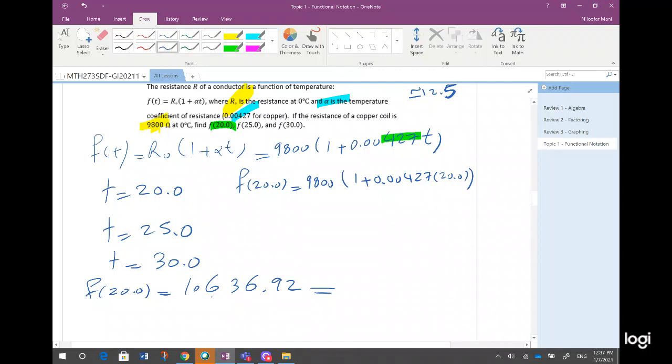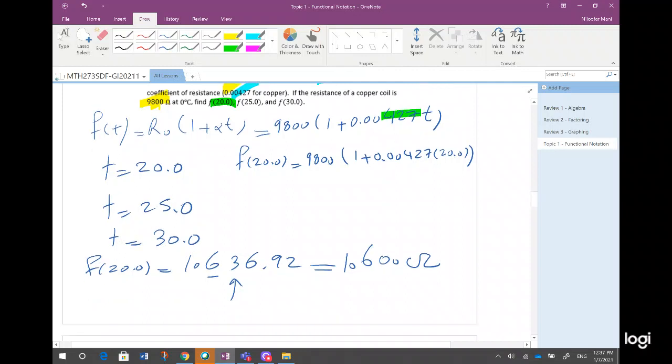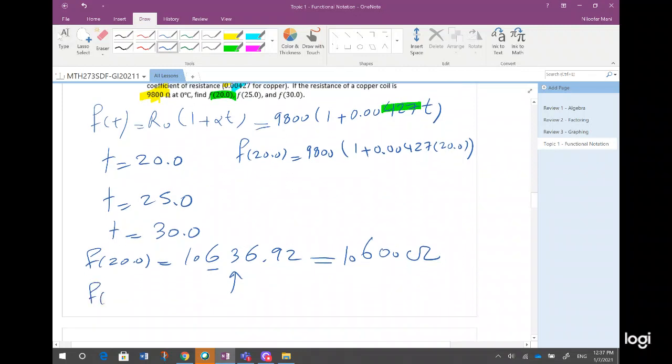Then I underline that, I check that this is 106,000. The other one, f of 25.0, you can calculate on your own, it is 108,000, and f of 30 is 111,000. So you find the answer and then you round it.